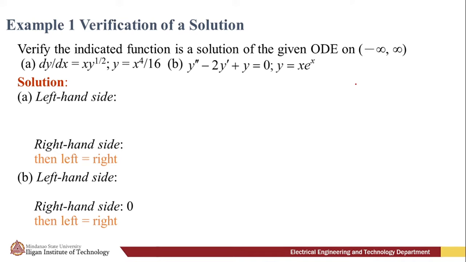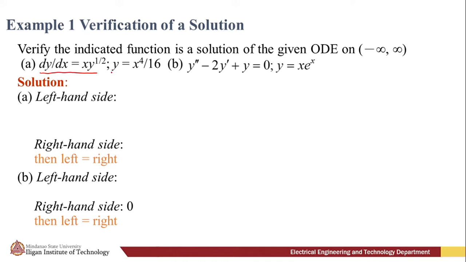So here in example 1, we're going to verify a solution. Verify the indicated function is a solution of the given ordinary differential equation on the interval negative infinity to positive infinity. So for letter A, we have this differential equation dy over dx equals x y raised to 1/2.